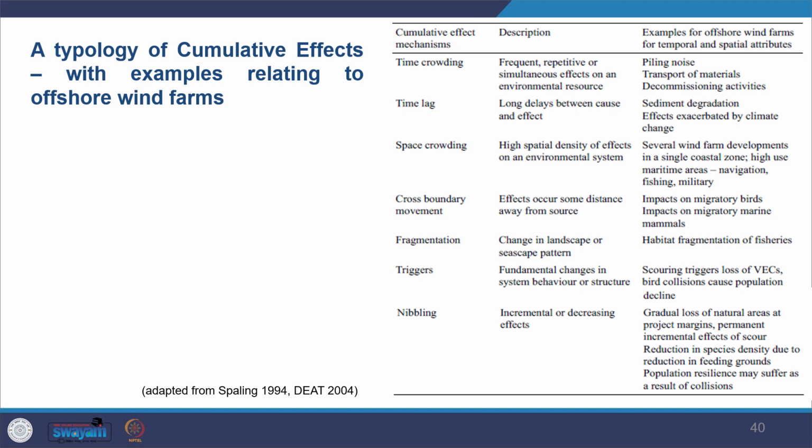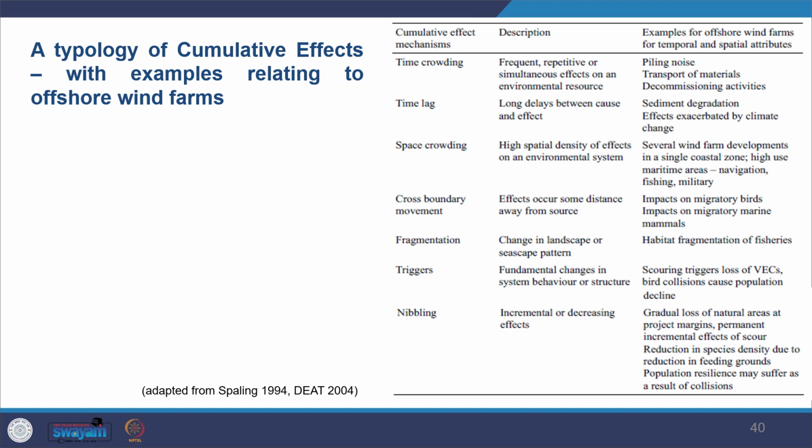Then you see space crowding, if you can recollect, a high spatial density of effects on an environmental system. You can see there are a lot of things in the same place. So that's space crowding. Then you have cross-boundary movement, where effects occur some distance away from the source.